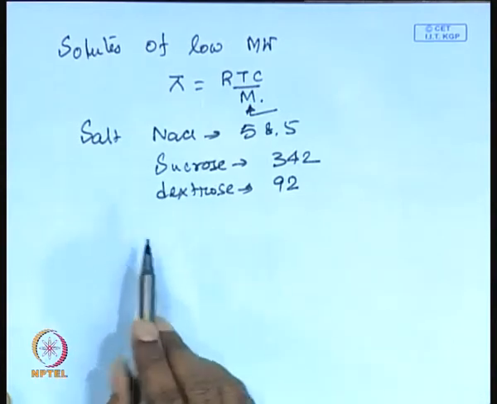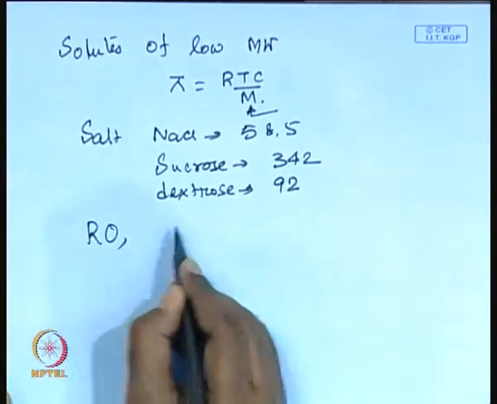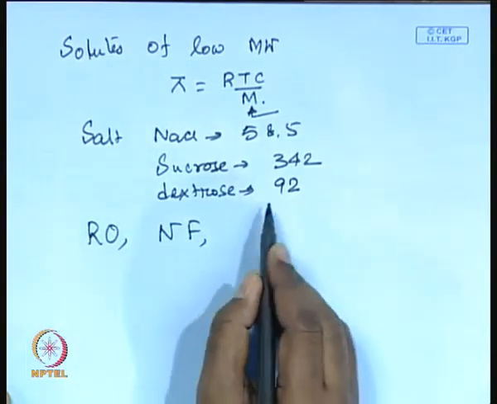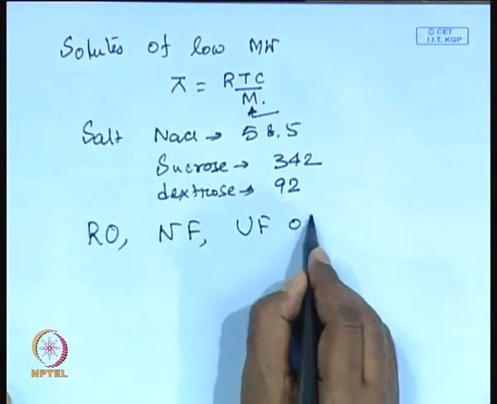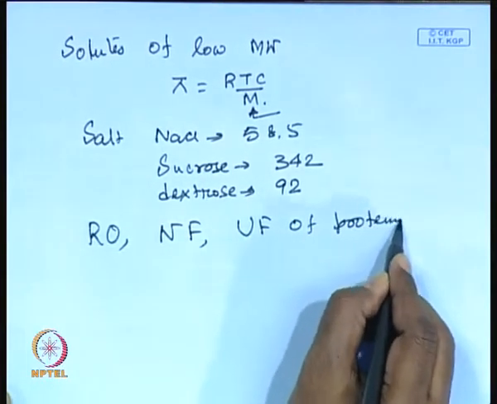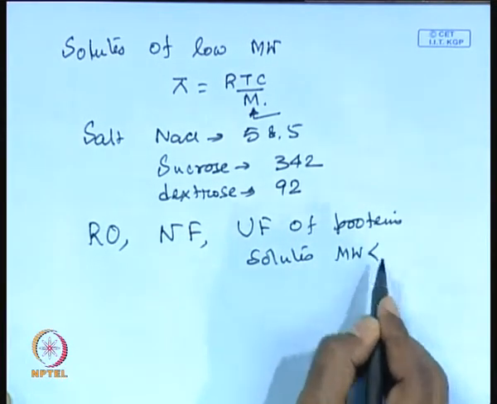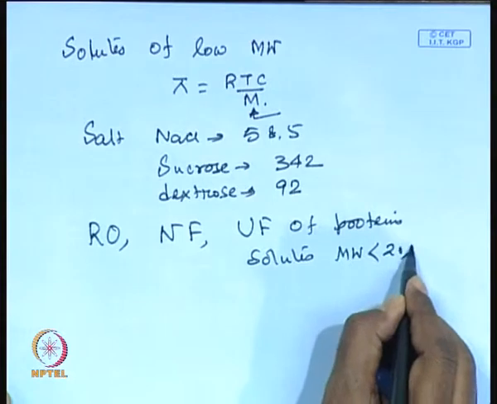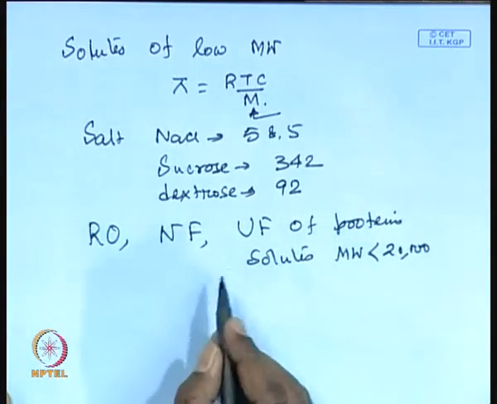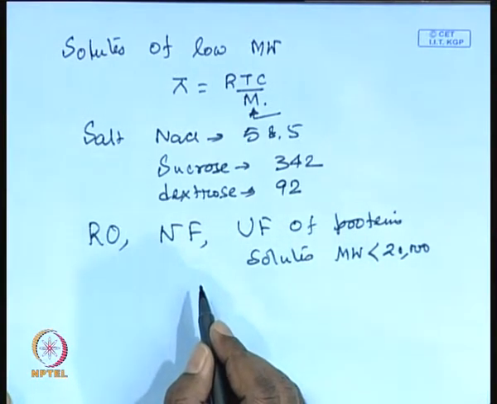For most of the cases of reverse osmosis, nanofiltration and ultrafiltration of proteins and solutes having molecular weight less than 20,000, the osmotic pressure model becomes very important.